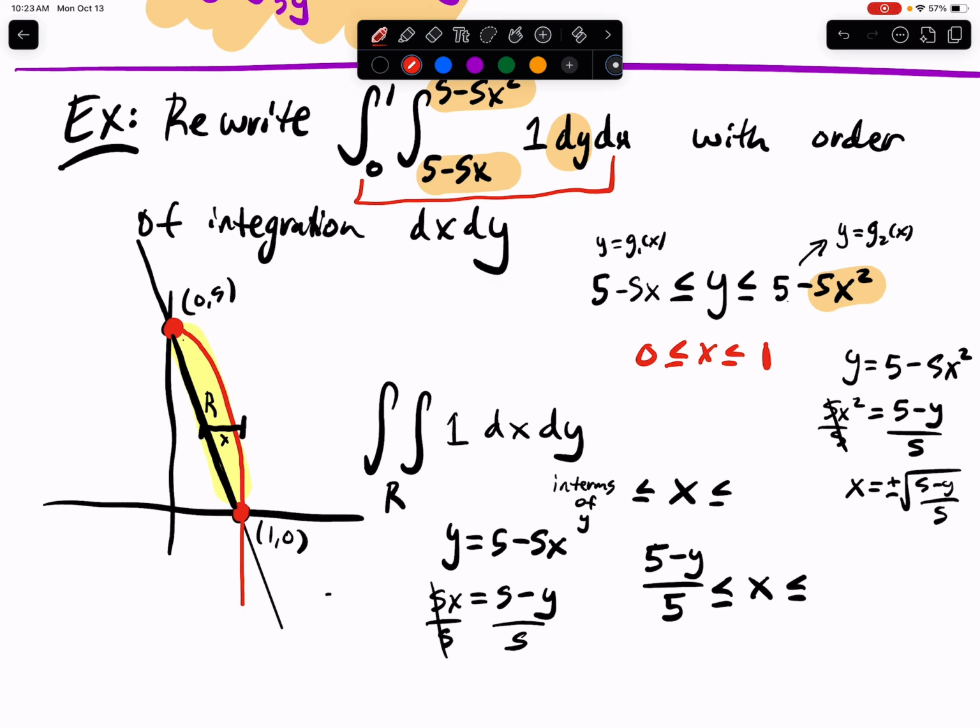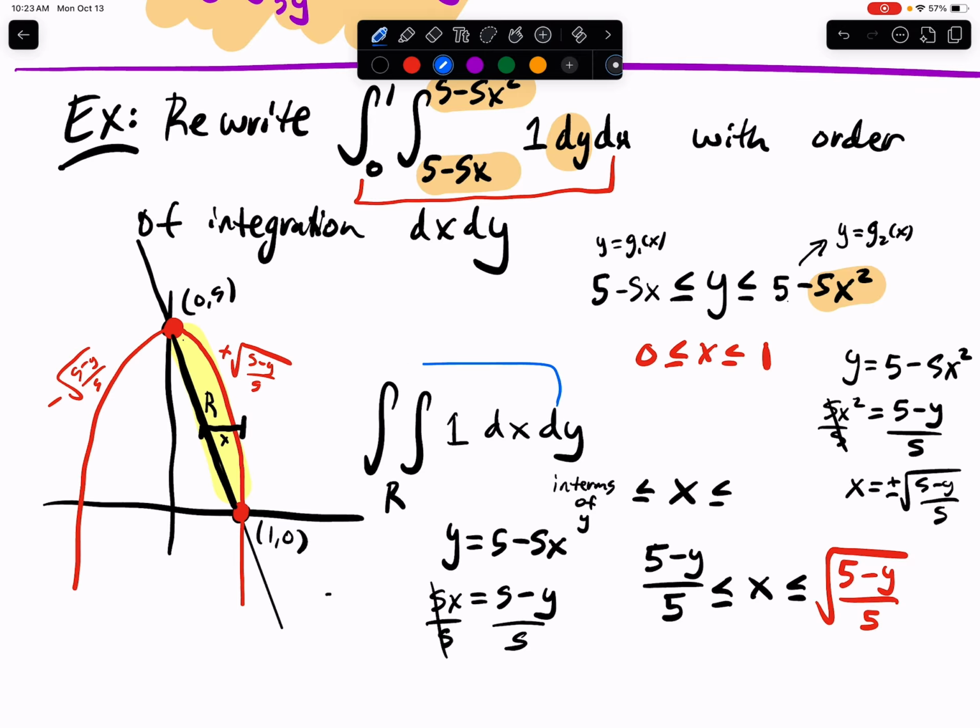Now, which side of the parabola am I on? Am I on the negative branch, or I'm on the positive branch? I think I'm on the positive side. Okay. So I've got the square root, positive branch, of 5 minus y over 5 here. Okay. So that's curve to curve.